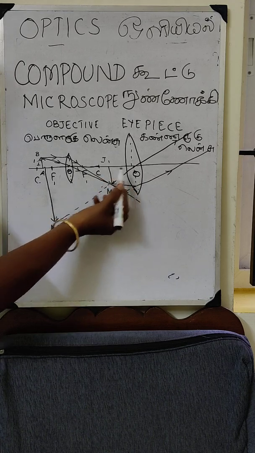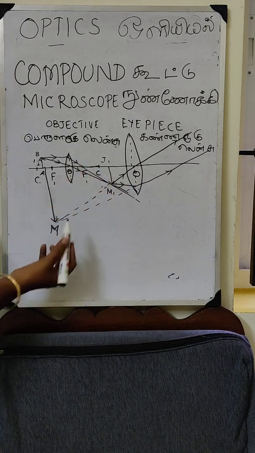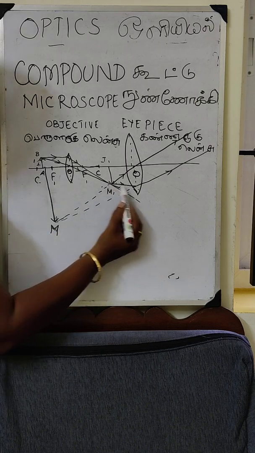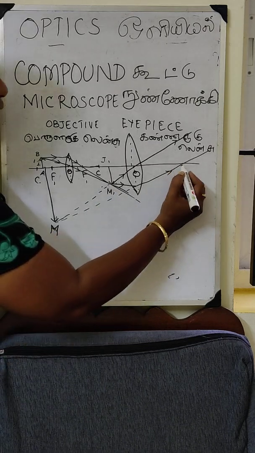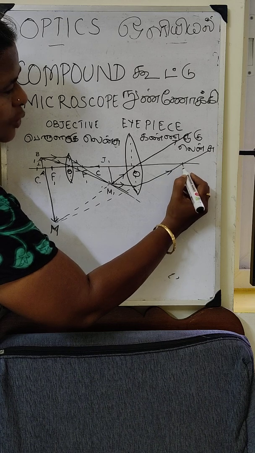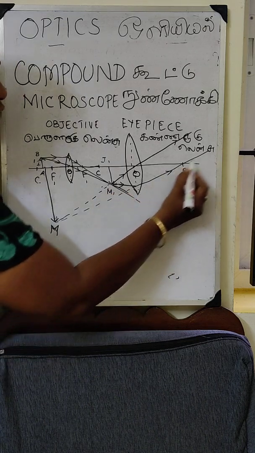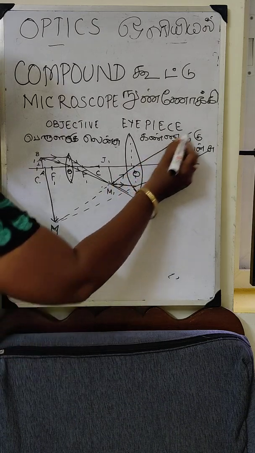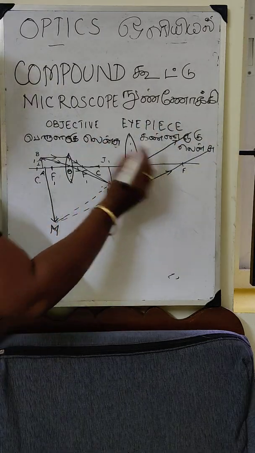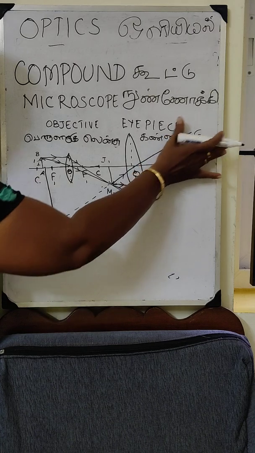So this acts as an object for the eyepiece. Again we draw two rays, one parallel to the principal axis passing through F, another one passing through the optic center. They do not intersect.